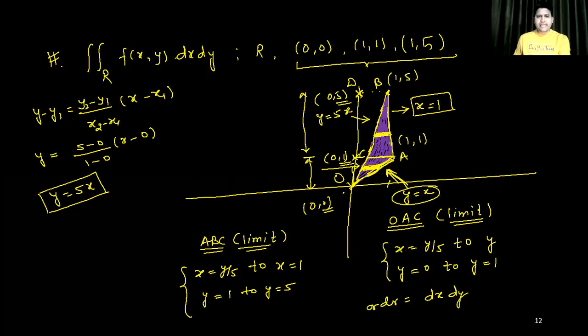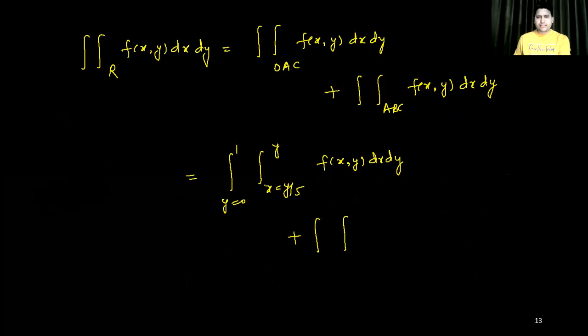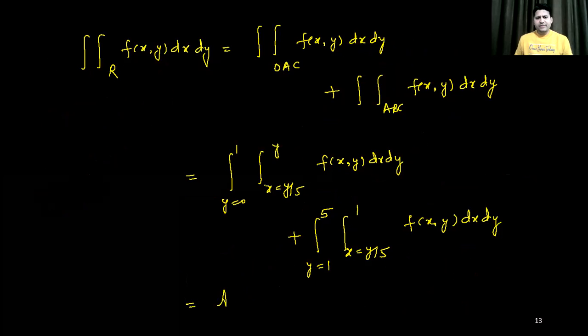For the second, we have x equals y upon 5 to 1, and y equals 1 to 5, inside f(x, y) dx dy. Now this will be the limits of the integral for the given region.